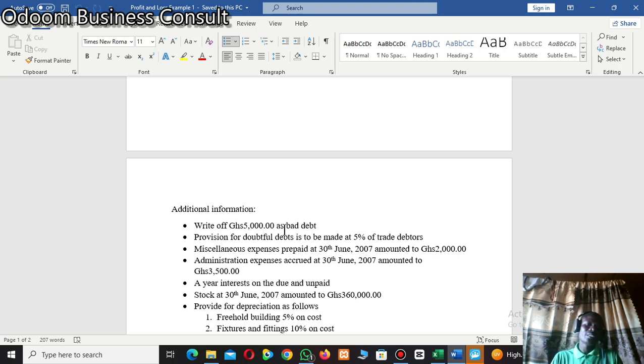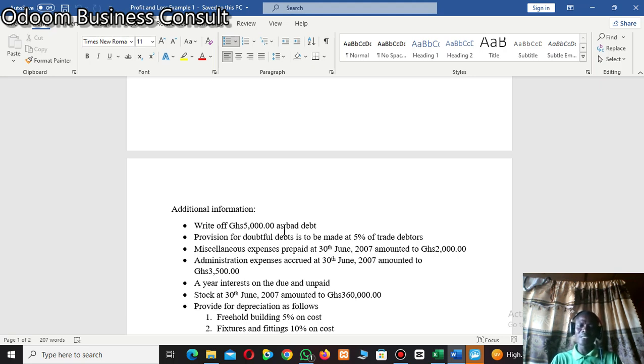Because business normally sells on credit, they have this kind of risk. If you sell something on credit to somebody, not all the money that you expect from your debtors will be collected or recovered. Some of them will fail to make payments when it is due, maybe due to bankruptcy, or any other reasons.